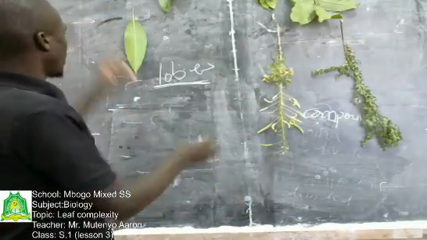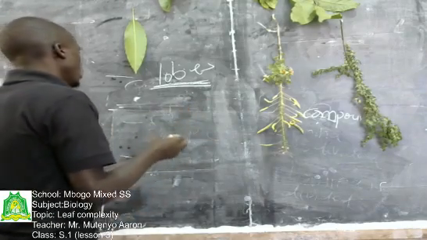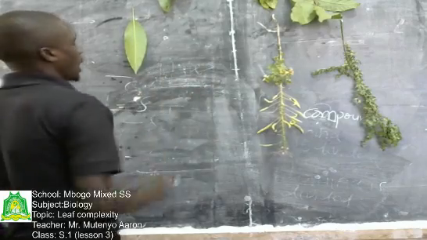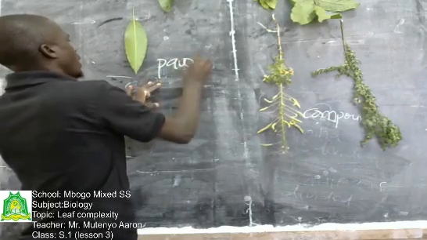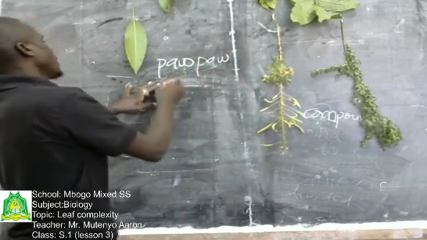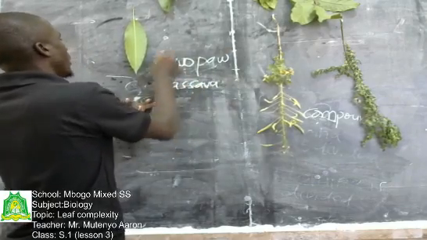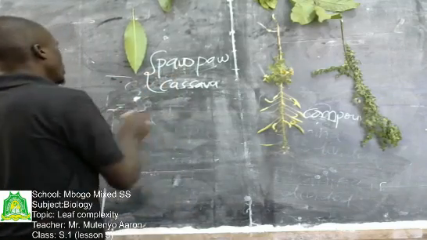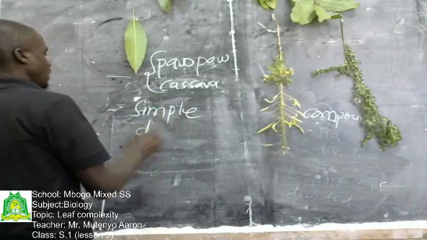Now, these are some of the technical leaves that are under simple leaves. The purple leaf, okay, and then the cassava leaf. They are also simple leaves. But since they are not completely divided, but partially divided, we call them simple digitate.